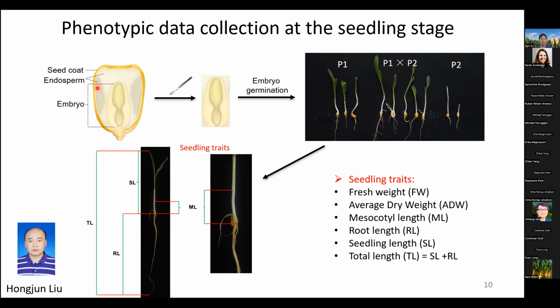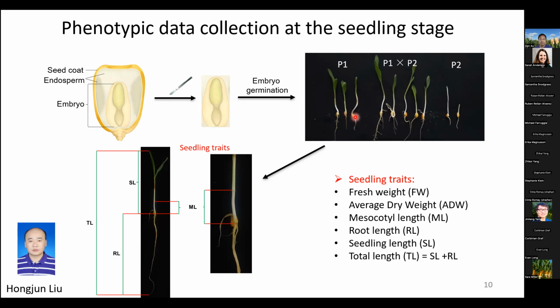So to exclude the nutrition bias caused by the endosperm, in our experiment we separated the embryo and the endosperm using a knife, and only the embryos were planted on germination paper to generate our hybrids and their parental lines.